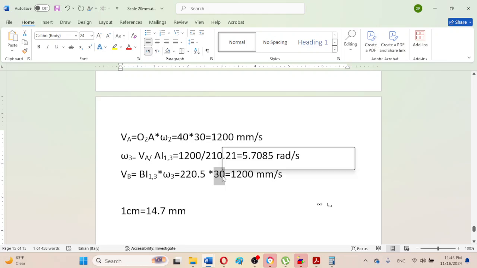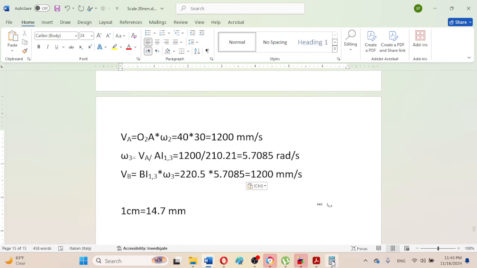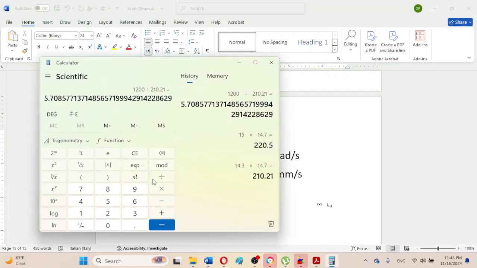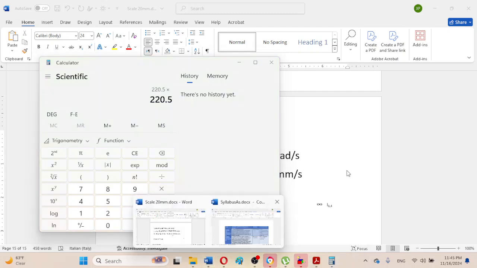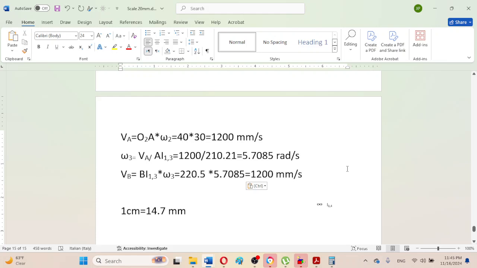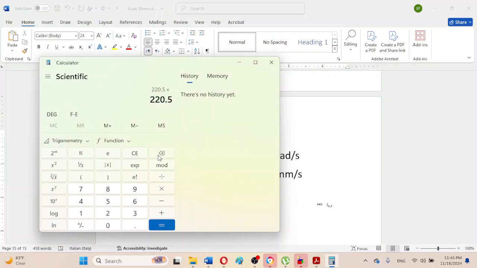Just copy and paste it here, and now calculate: 220.5 multiplied by 5.7085.